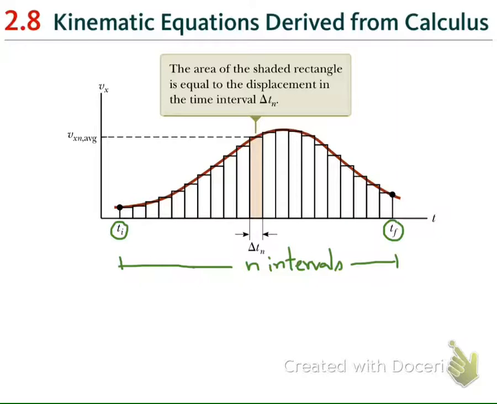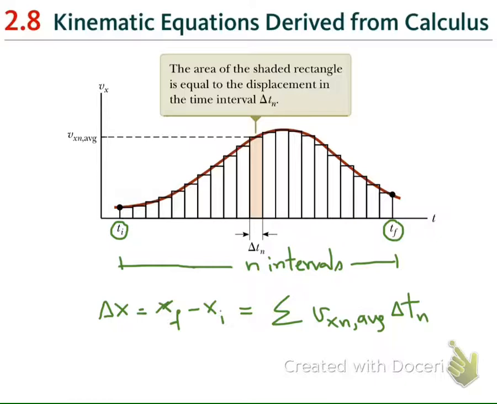So from this figure, we have this relation. We can write down delta x, which is equal to x_f minus x_i, is equal to the summation of v_xn average times delta t_n.